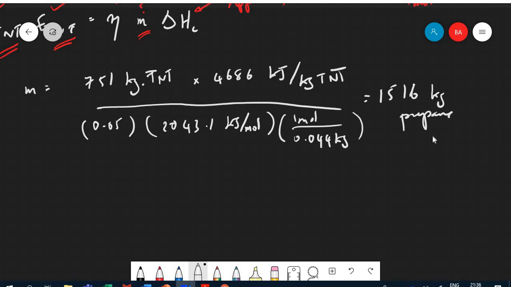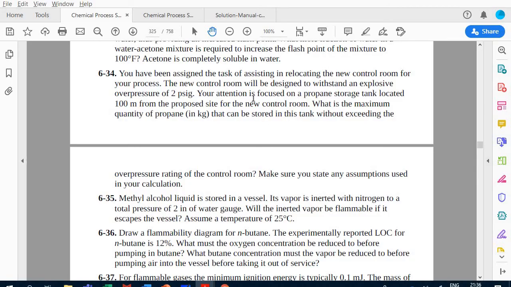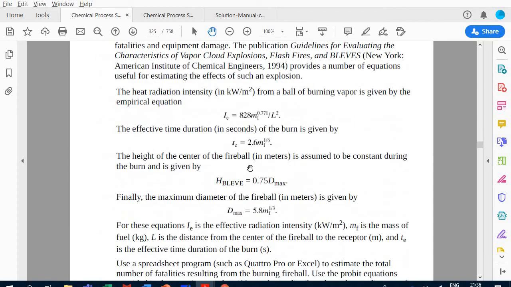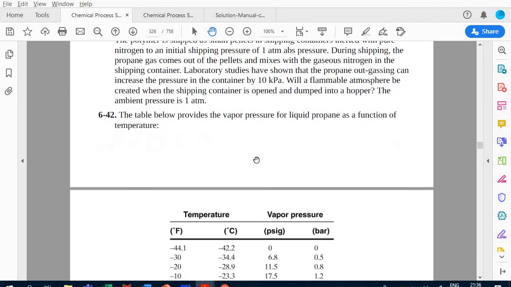So this is the amount that I would expect to cause the overpressure that I have, which was, sorry, 2 psi. That was problem 6-34, a very beautiful question, and the final question for today.